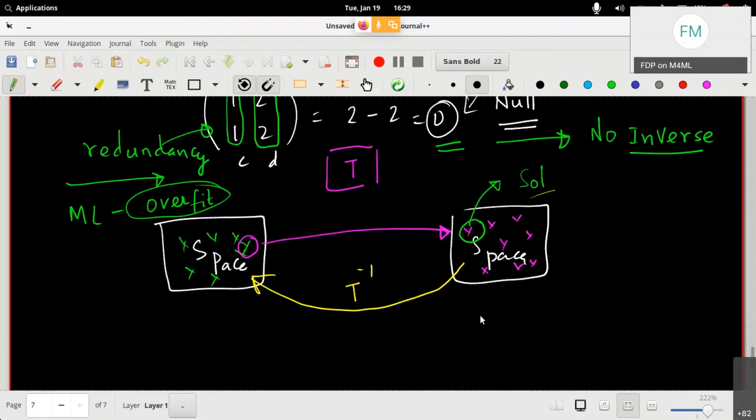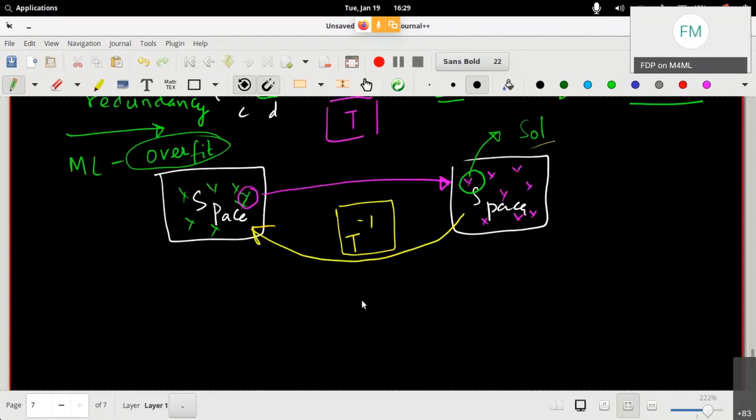So I had a few more things to tell. That is, how do you really transform? I just told you this T and T inverse as a transformation matrix. But because of the scarcity of time, I don't want to get into this, but I can share the slides and the notes which I prepared.